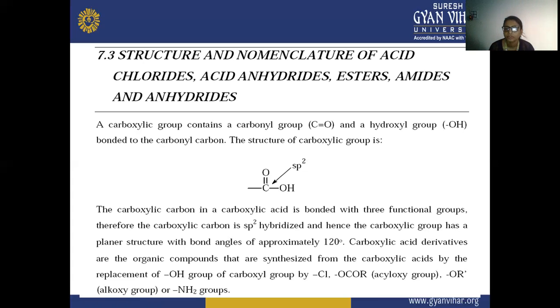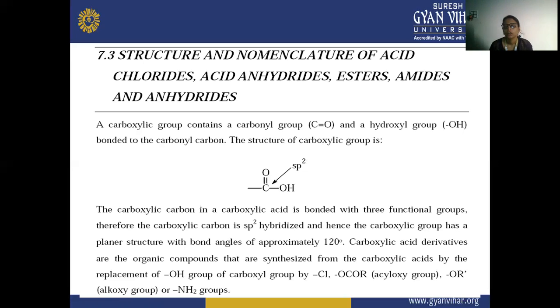The carboxyl group is planar because the carboxyl carbon is sp2 hybridized. That is why this carboxyl group has a planar structure and a bond angle of 120 degrees. And the carboxylic acid derivatives are organic compounds.